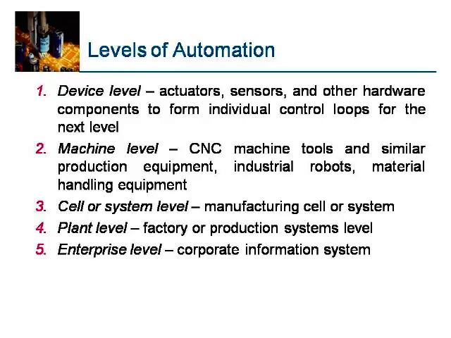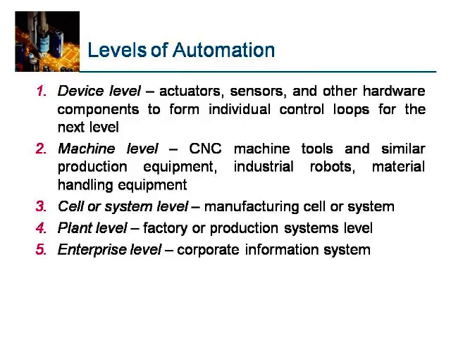Next is the machine level: CNC machine tools and similar production equipment, and industrial robots, are all machine level automated equipment. Then cell or system level: in cellular manufacturing or a manufacturing cell, several CNC machine tools and robots are automated, and this is called cell level automation.